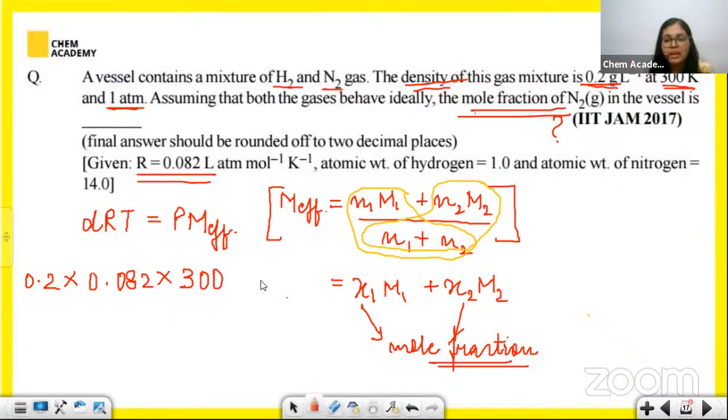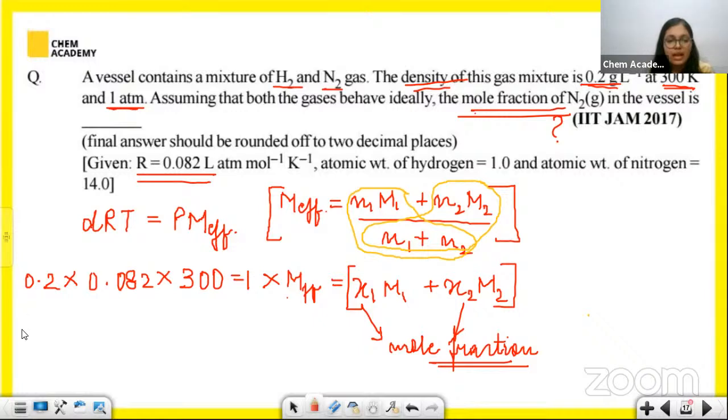Now it will be equal to, the pressure is 1 atm, into this M effective.